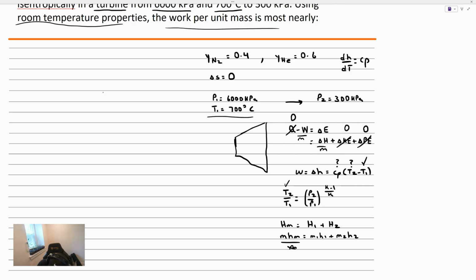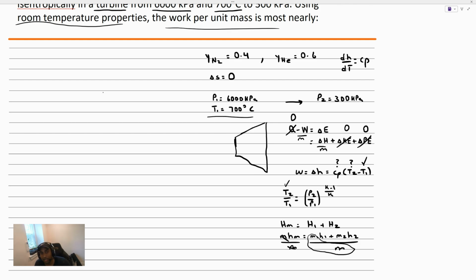If we divide both sides by the total mass here, I'm seeing some ratios pop up. M1 over M, that's the component mass over the total mass. That is just the mass fraction that we were given. So we can use the mass fractions to be able to find intensive properties like Cp or Cv.